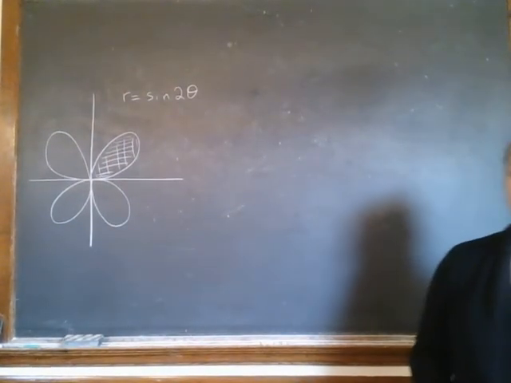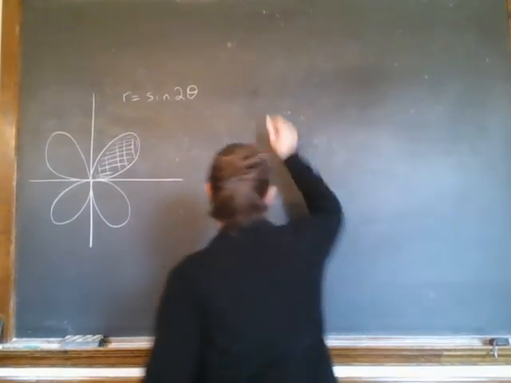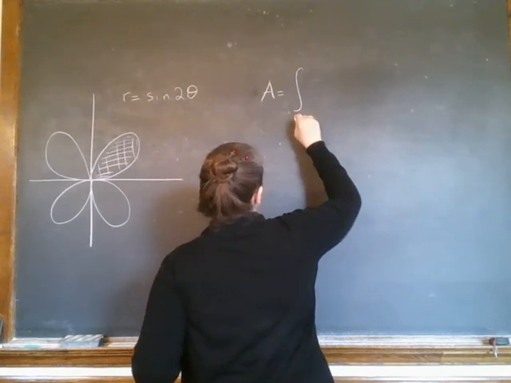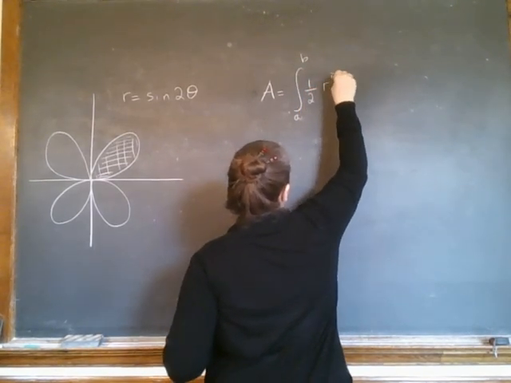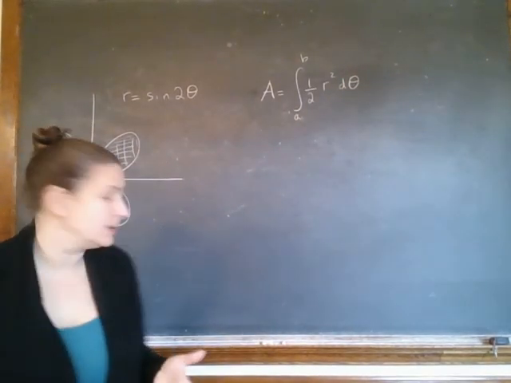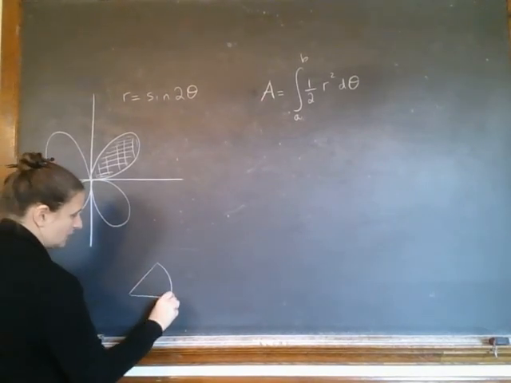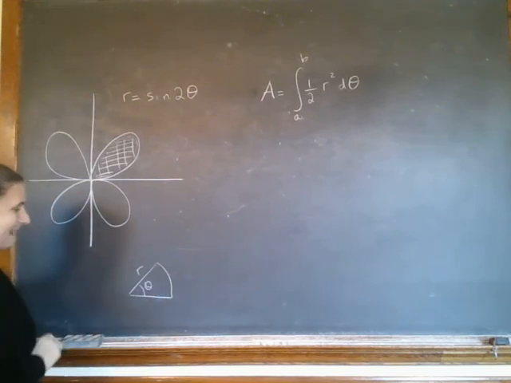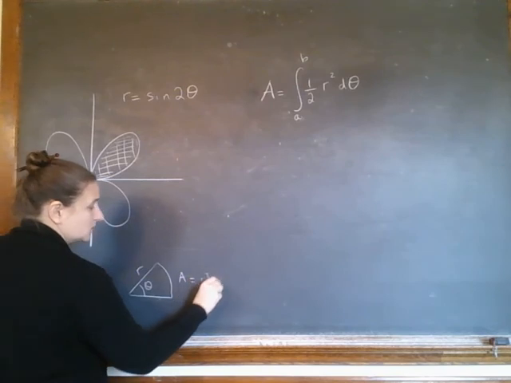Well, with polar coordinates, the area formula is the following. It's the integral of 1/2 r squared d theta. And you may ask why, and I'll tell you very briefly why. If I take a sector of a circle of radius r and angle theta, the area of that sector is 1/2 r squared theta.